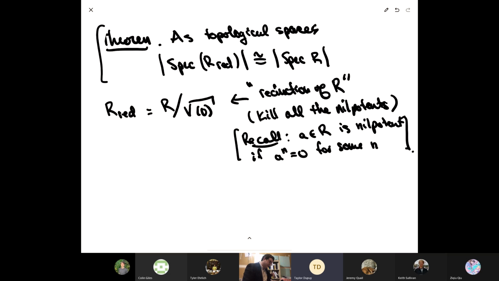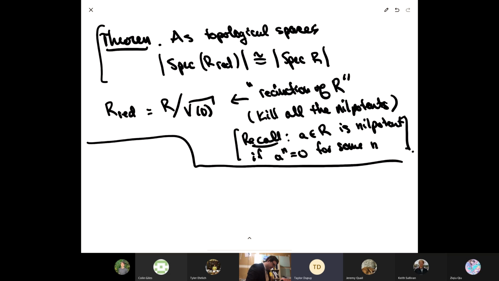And so the classic example of a fat point is something like C[x] mod x to the n, right? So we have this map that goes from C[t].